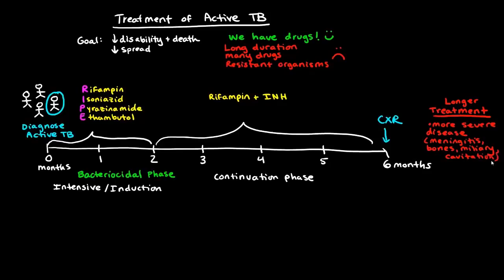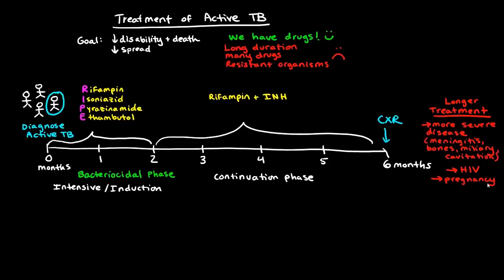Another circumstance that makes you treat longer is if the patient is co-infected with HIV, or if the patient is pregnant. Pregnancy creates a certain degree of immunosuppression, and pregnant women are treated for longer durations.